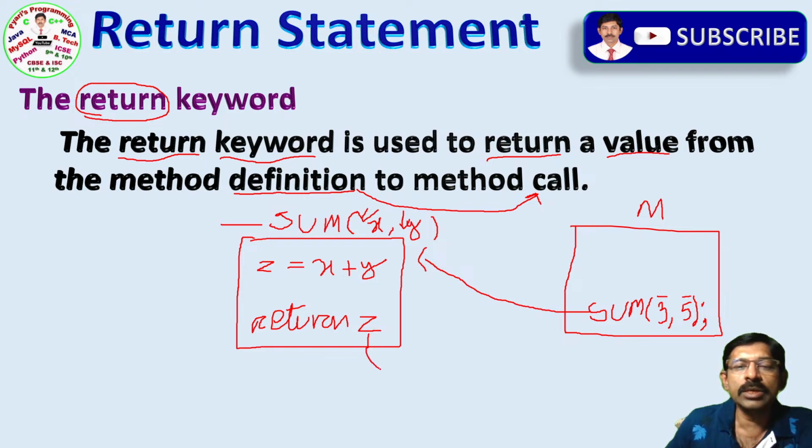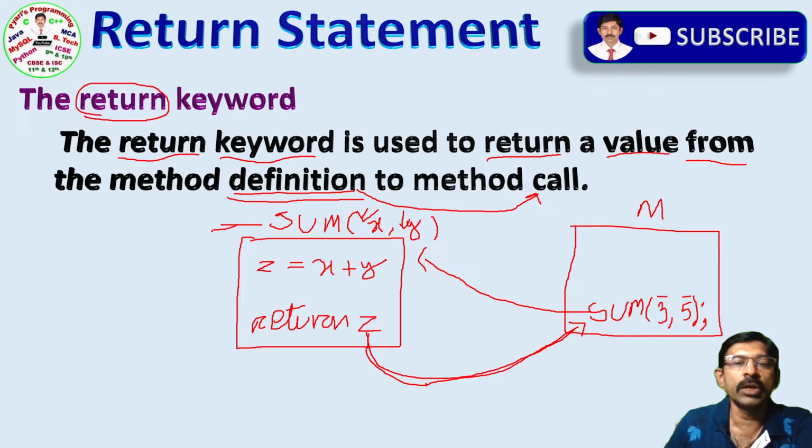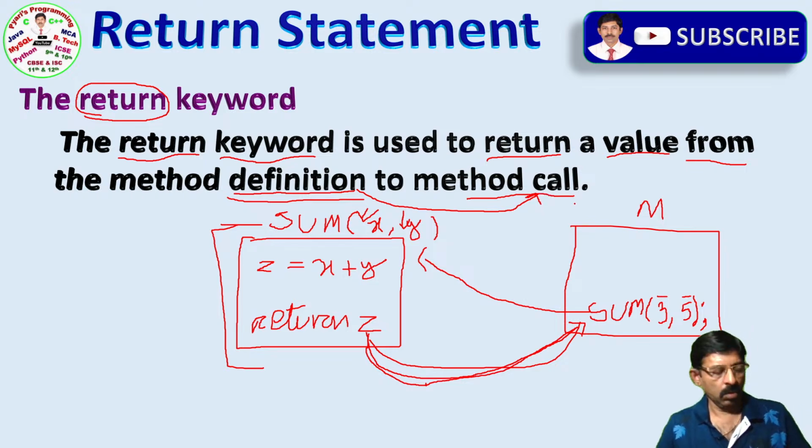It is returning this z value to the function call. Again I am repeating. This is returning the value to the method call. So that's why it is saying that it returns the value from method definition. This is my method definition, from where it returns the result to the method call. Hope I am clear to all of you with this point.